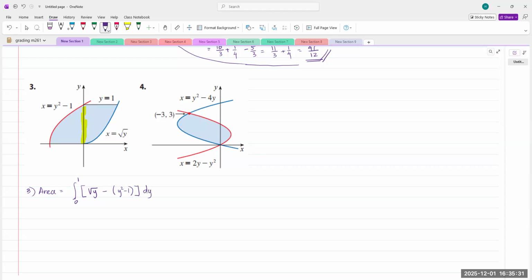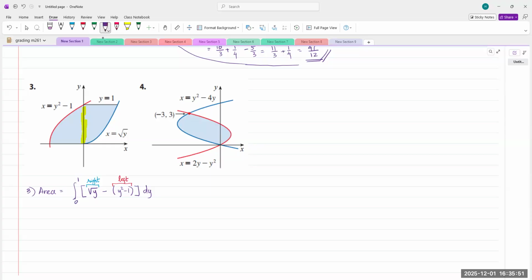This is the top function or the right function, which means x is greater, and this is the bottom function or the one on the left, which means x is smaller.